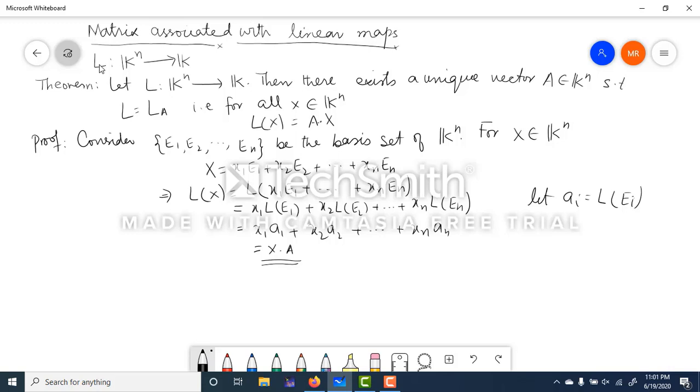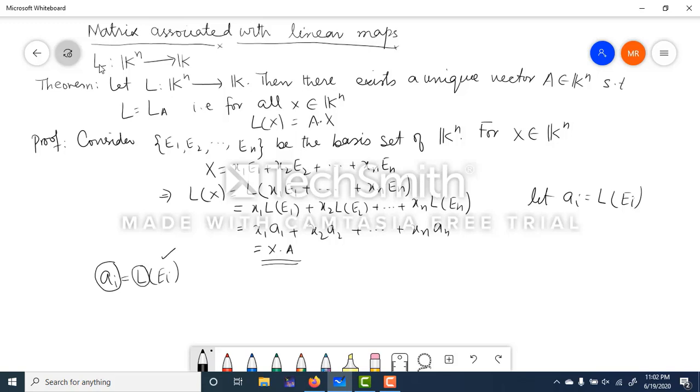This theorem also gives us an explicit determination of the vector A, that is, how we are going to compute the components of this vector A. Basically Ai is equal to L of ei, hence these Ai's arise from basis vectors.